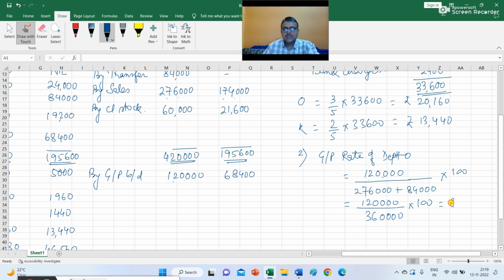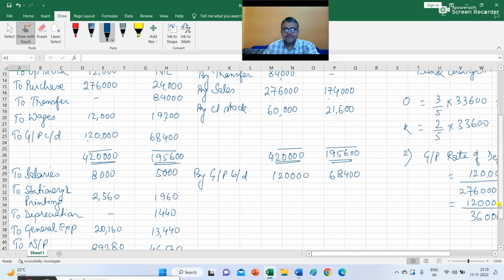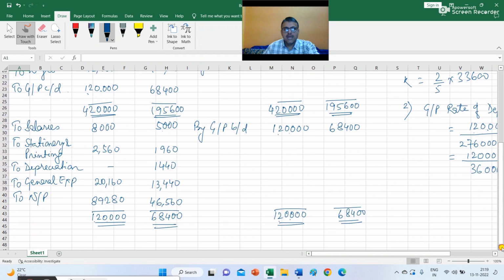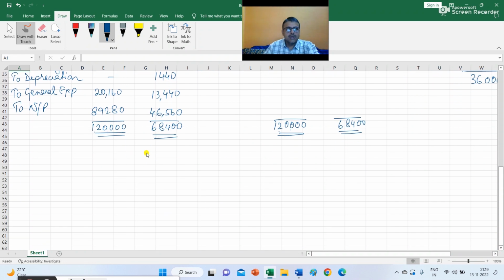So the gross profit rate of Department O is 33 1/3%. So now we have to calculate what is the amount of unrealized profit in stock.